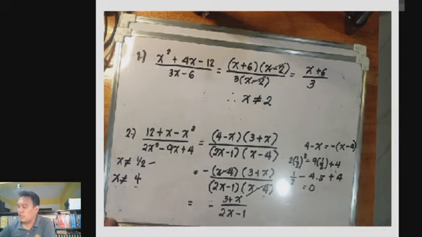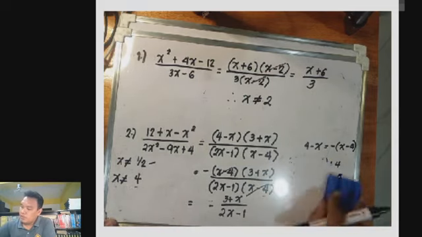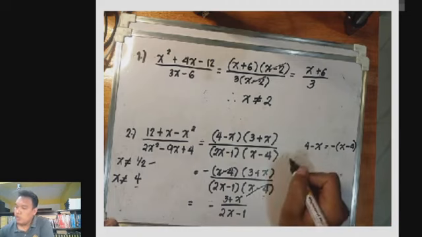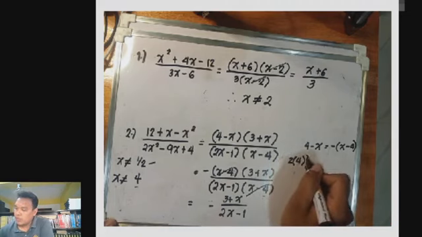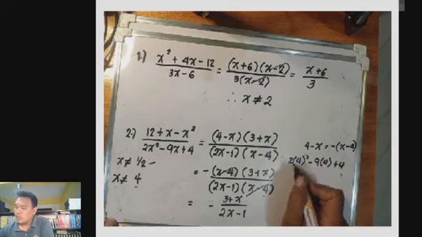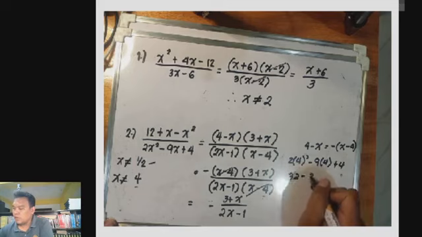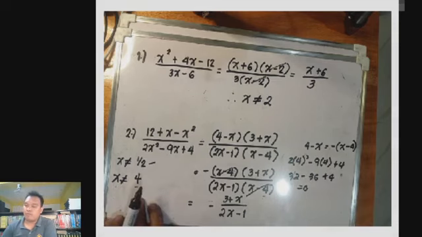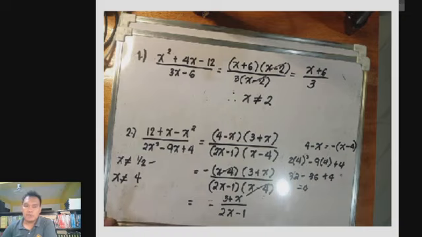Okay, let's try 4. So, kapag 4 naman yung nilagay, let's say 2 times 4 squared minus 9 times 4 plus 4. We have 16 times 2 is 32 minus 36 plus 4. So 32 plus 4 is 36 minus 36 is 0. So therefore, our domain is set of all real numbers except this 1/2 and this 4.